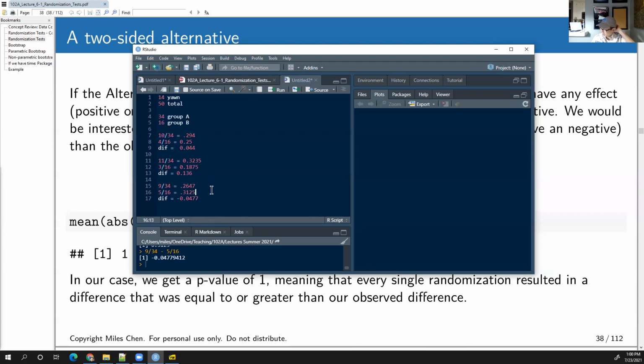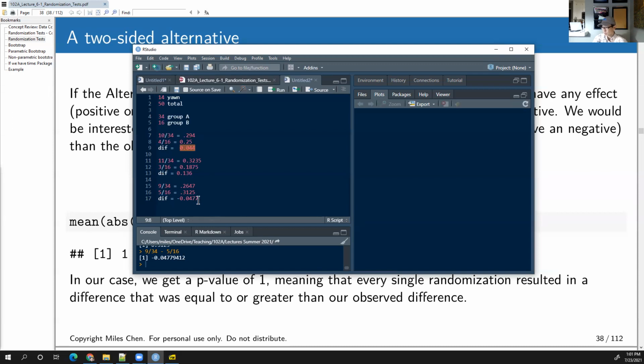So we got a difference of 0.044. It is literally impossible to get a difference that is any smaller than this. Because if you flipped it around the other way, either you get 11 and 3 or 9 and 5, because we have a total of 14 people. When you assign these 14 people who are going to yawn into either group A or group B, the smallest proportion difference you can possibly get is 0.044.